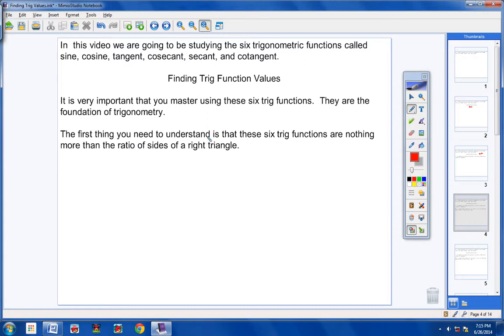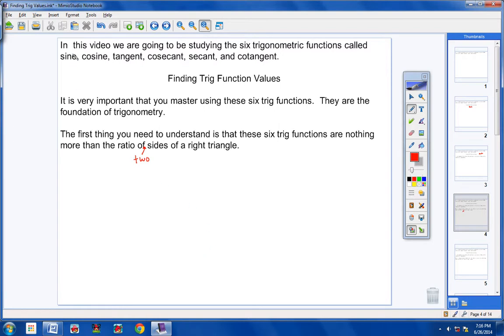The first thing you need to understand is that these 6 trig functions, are you ready for this? They are nothing more than a ratio. And they're the ratio of the sides of a right triangle. Or more specifically, they're the ratio of 2 sides of a right triangle.